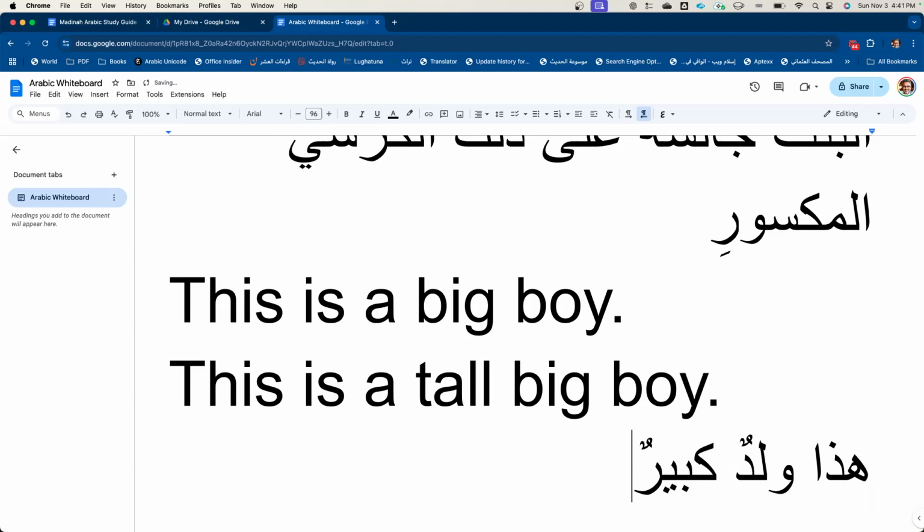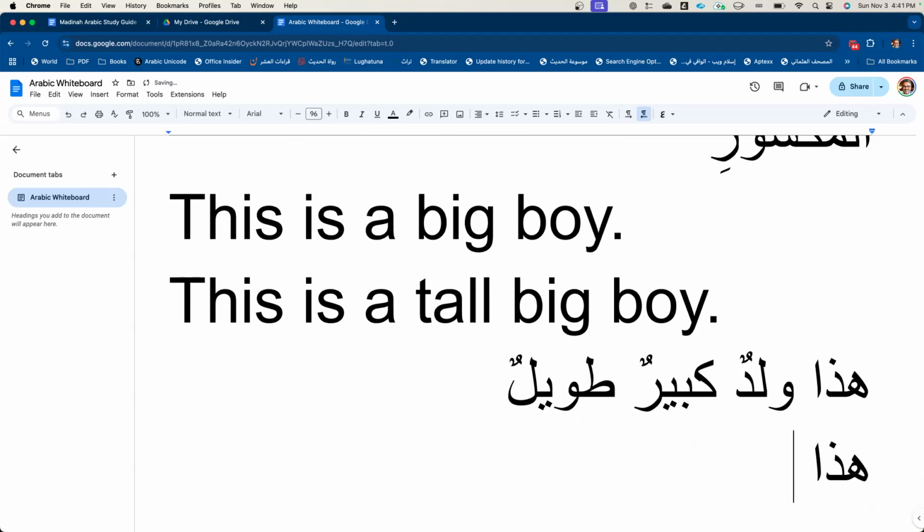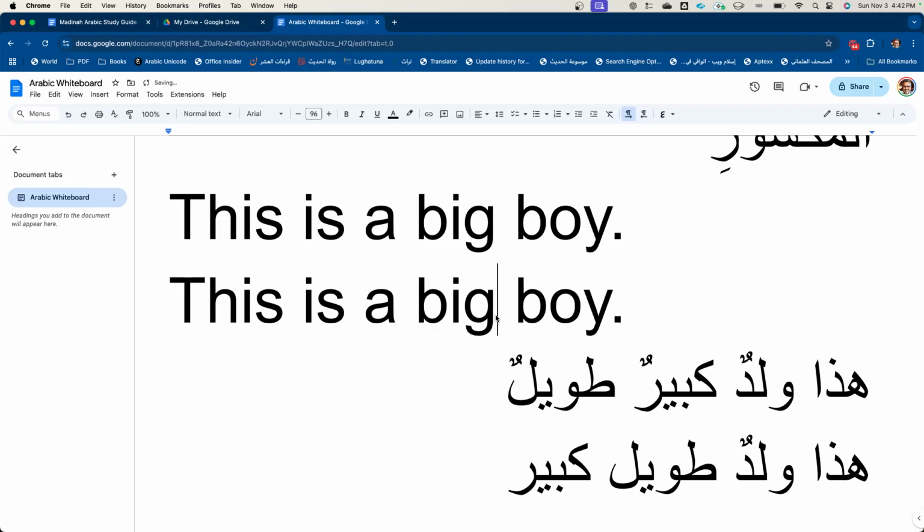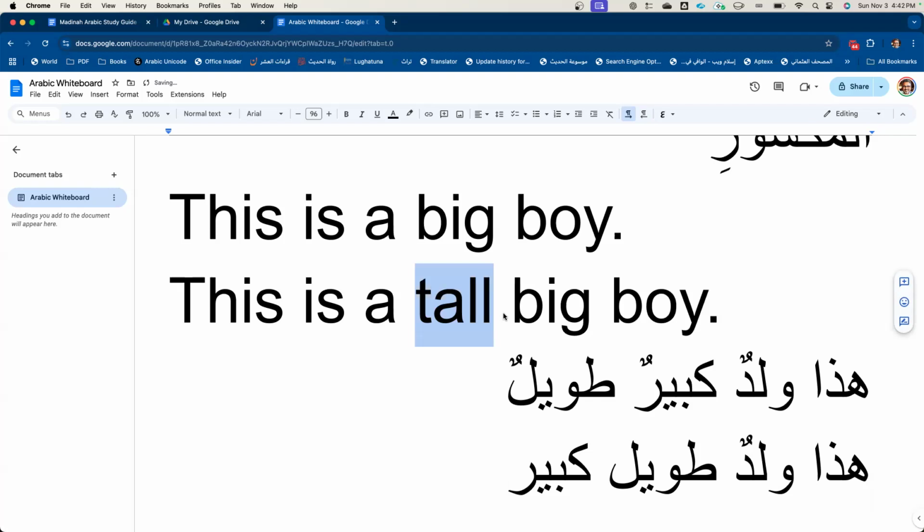There is no order. So you can say هذا ولد كبير طويل, or you can say هذا ولد طويل كبير. In Arabic, it doesn't matter. But in English, it matters. You would say a big tall boy or a tall big boy; in this case, it may not matter because both are sizes.